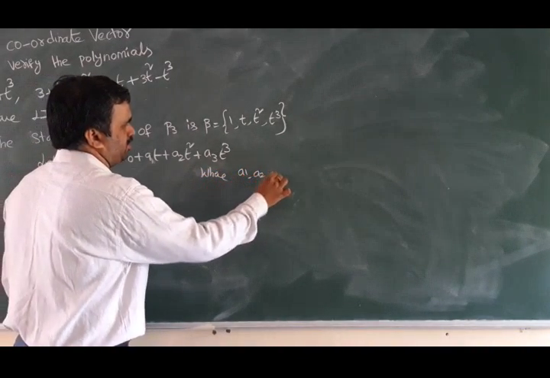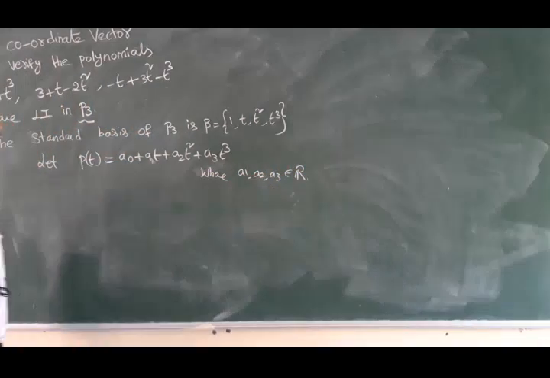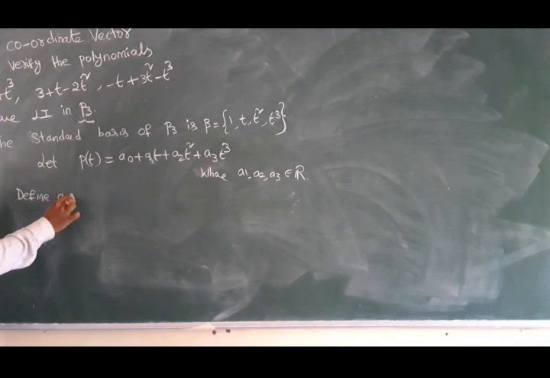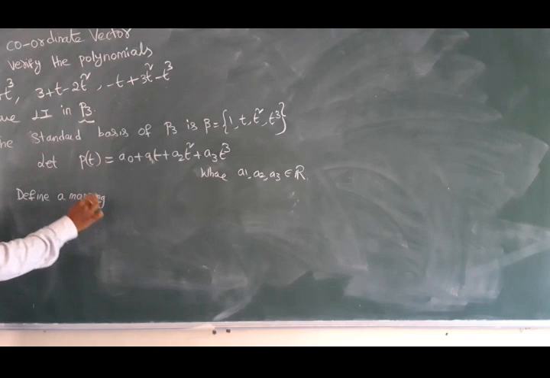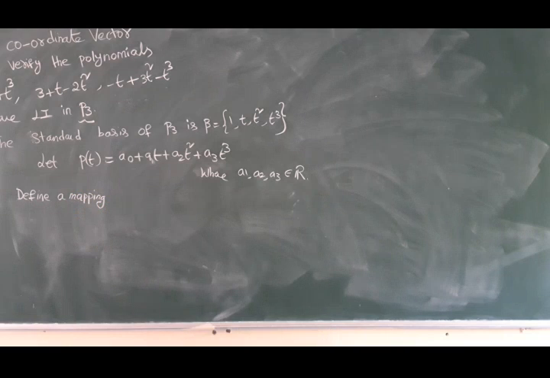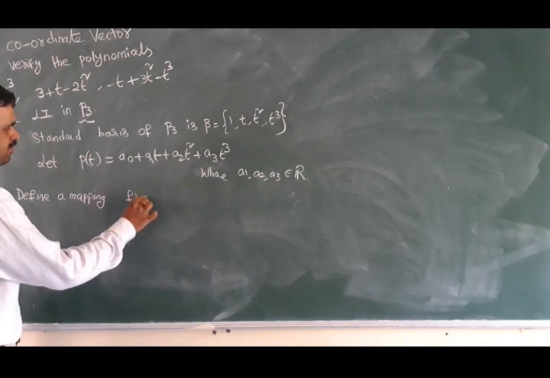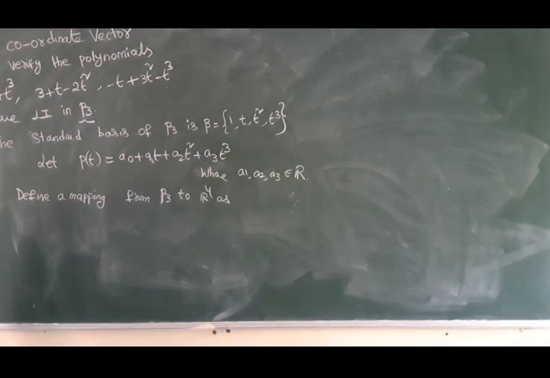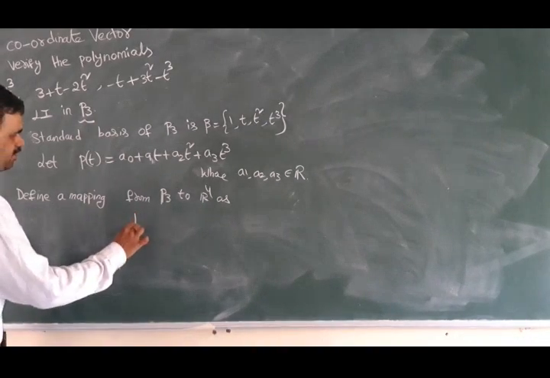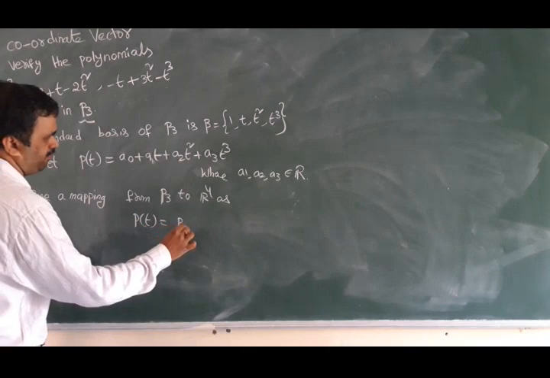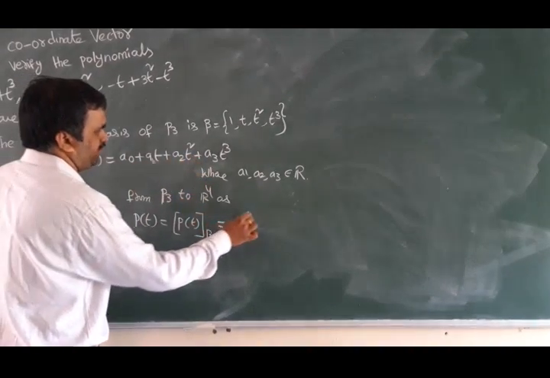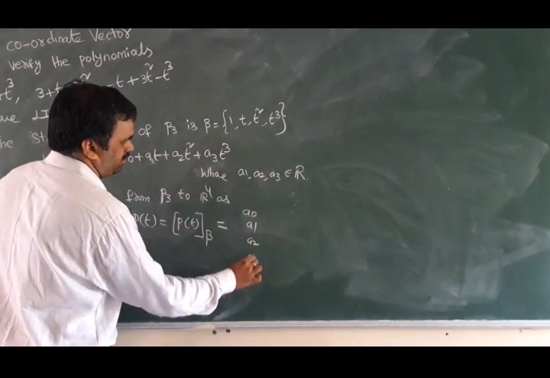Now I will define a mapping from P3 to R power 4 as p of t with respect to the standard basis beta equal to the coefficients a0, a1, a2, a3. That's all.